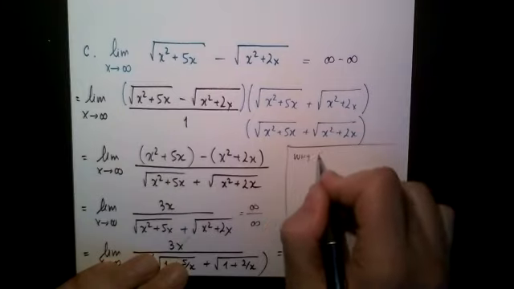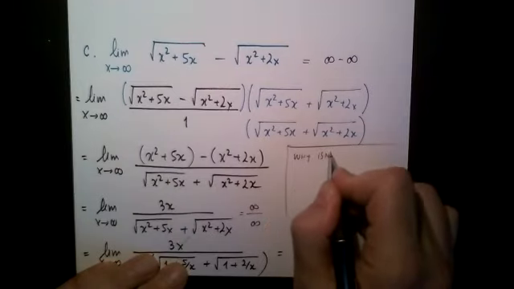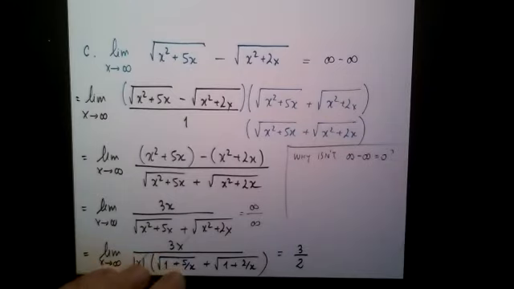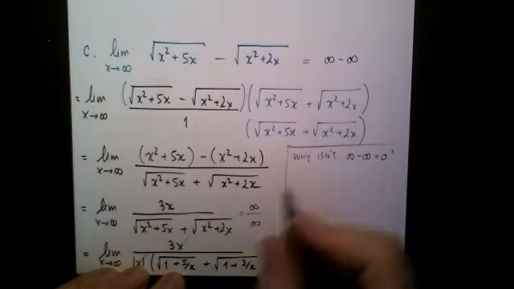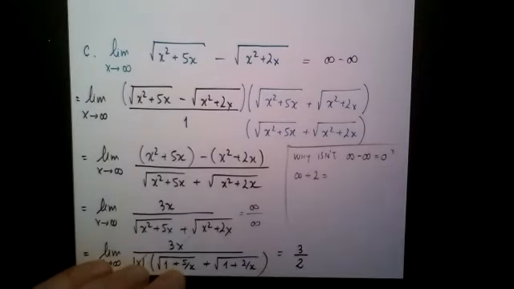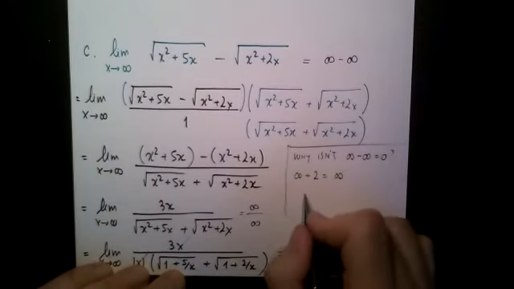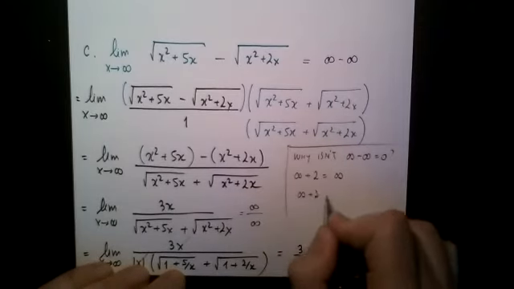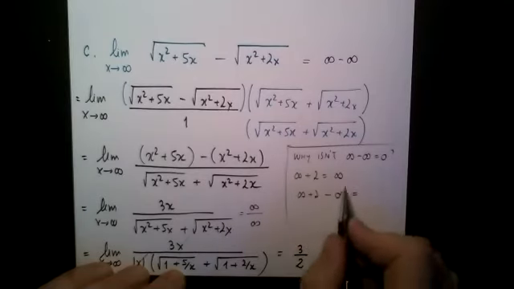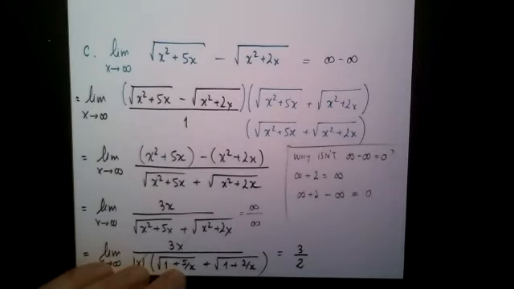Infinity plus 2 is what? Infinity. Good. So infinity plus 2 minus infinity will be, so infinity minus infinity, so this will be 0? Or not?